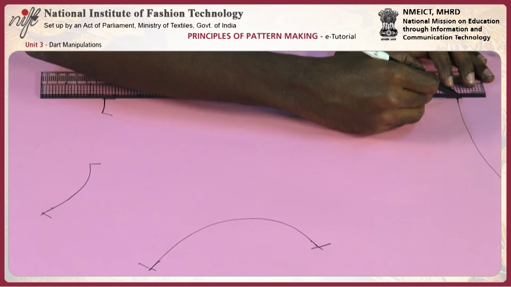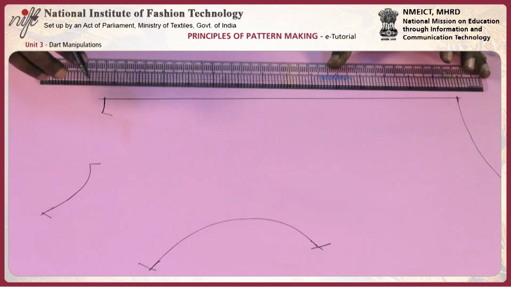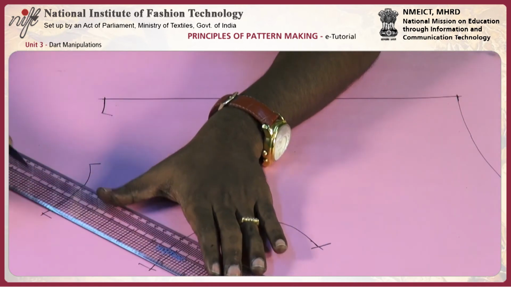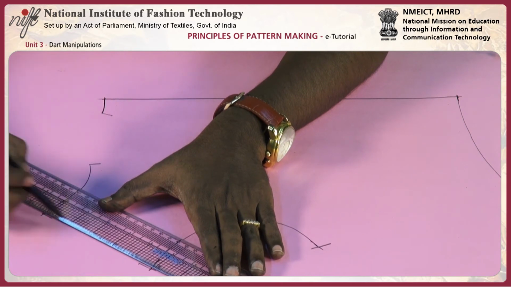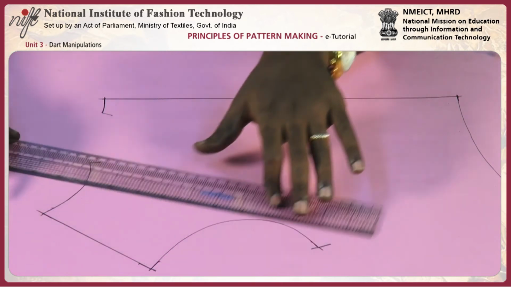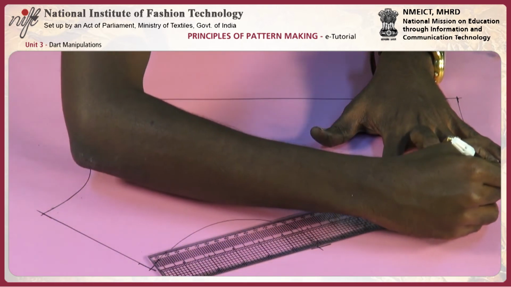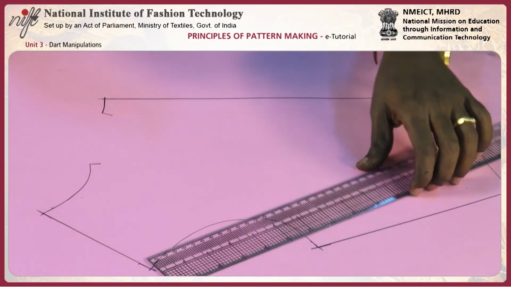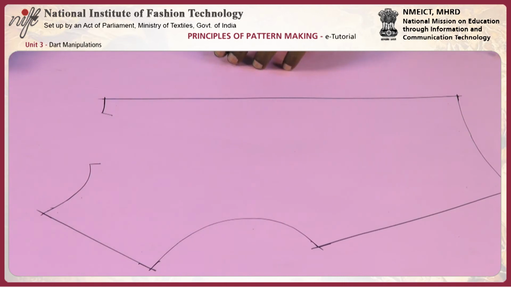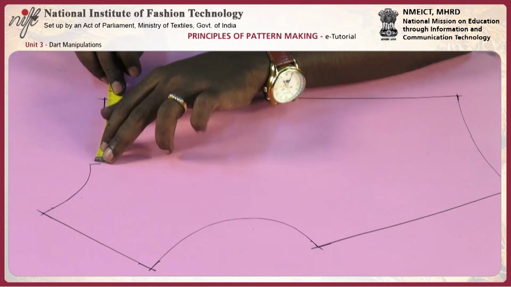Join the center seam. Join the shoulder. Join the side seam. Mark the midpoint of the dot.